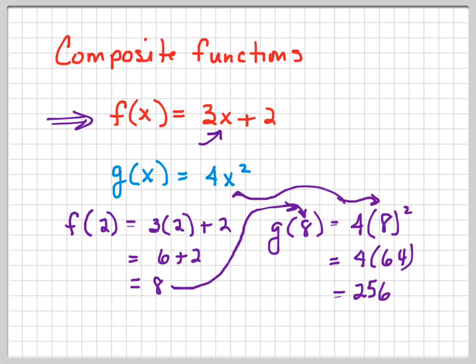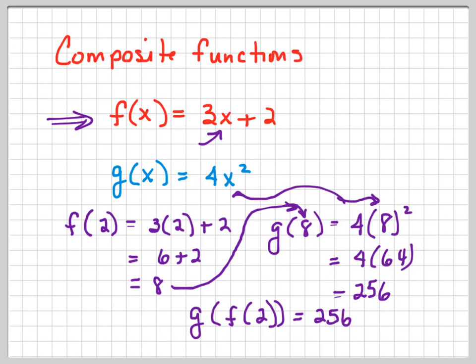Okay, so I took a number 2, plugged it into f, took that answer, plugged it into g. So what we would just say is the g of f of 2 is equal to 256.